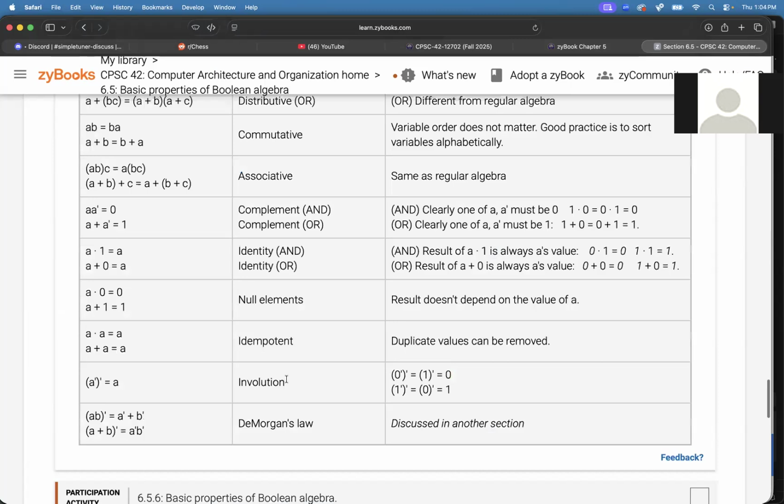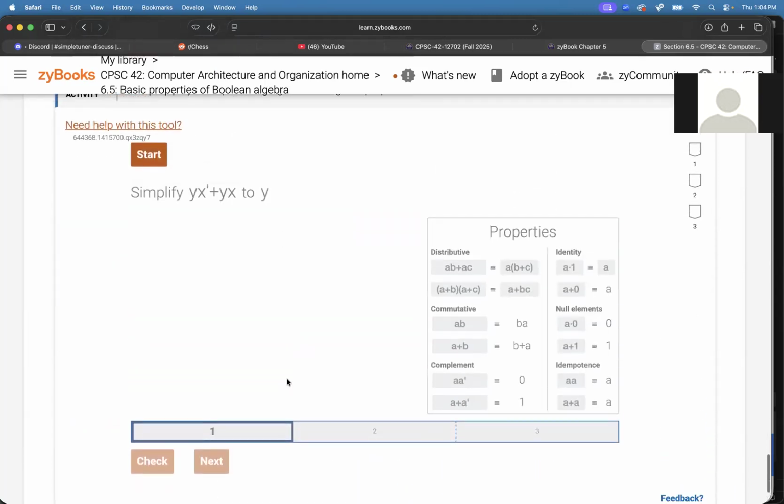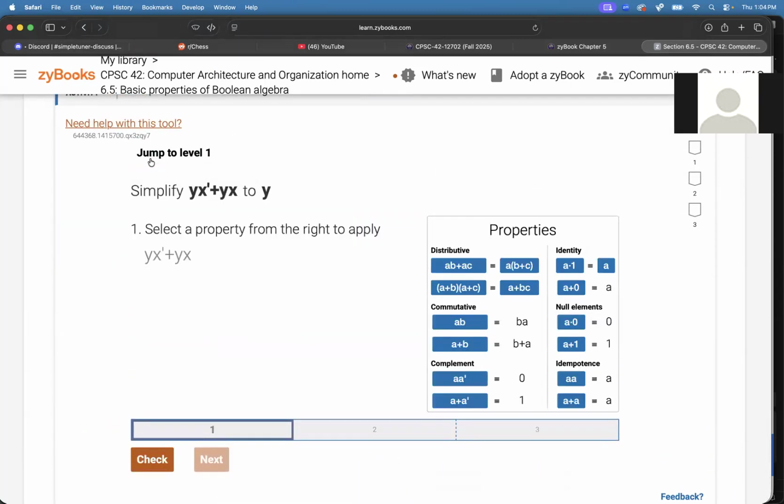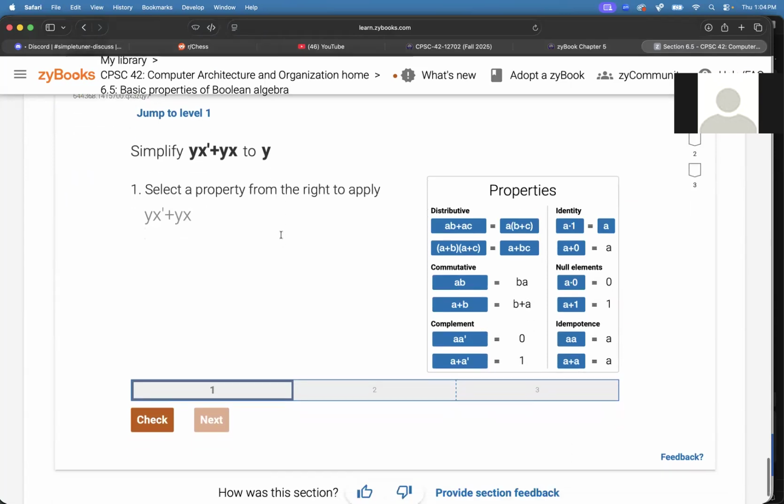There's more of these down here, I think. Let's try this one all the way down here. Start. So what property do we want to apply first? I think we want to factor out a Y. So I look over here for where we factor out a Y, and I see that that's the distributive law.